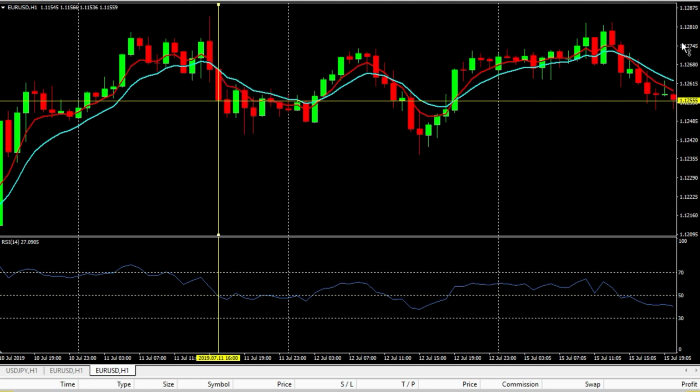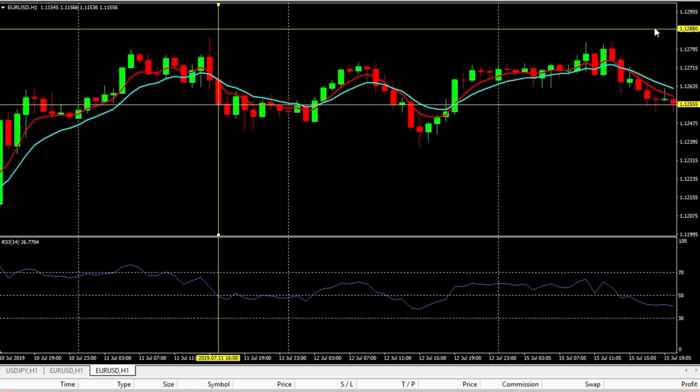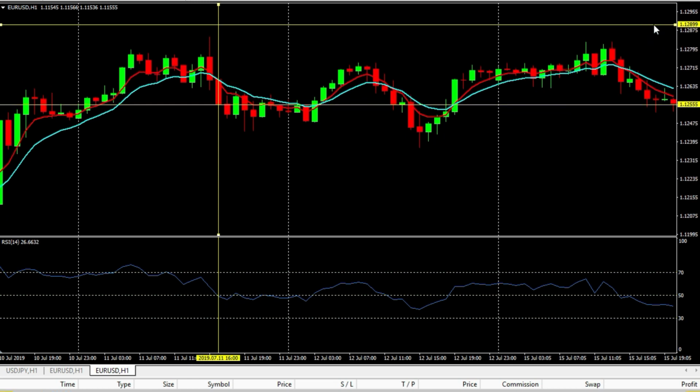So we will place our stop loss at 1.2895, about here. Okay, this is our stop loss, and we are short.